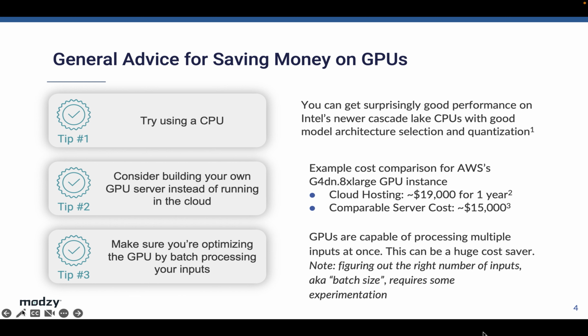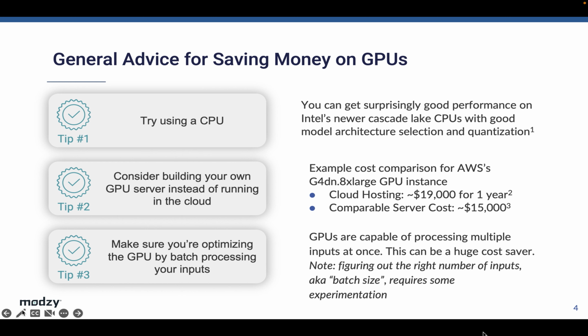Essentially, that's one of NVIDIA's T4 GPUs on a server with, I think, about 196 cores and maybe a couple hundred gigs of RAM. When you cost that out to run a model on AWS's infrastructure 24/7 for a year, it's around $19,000.